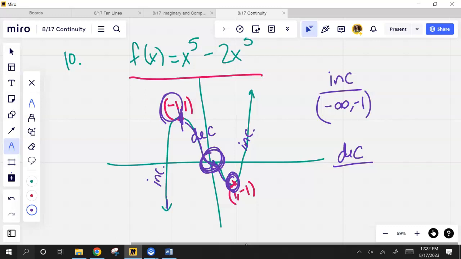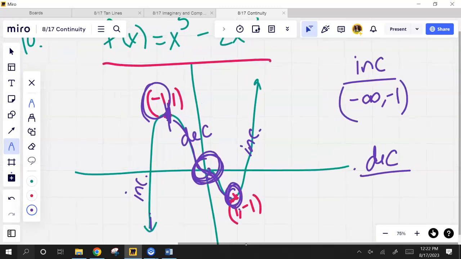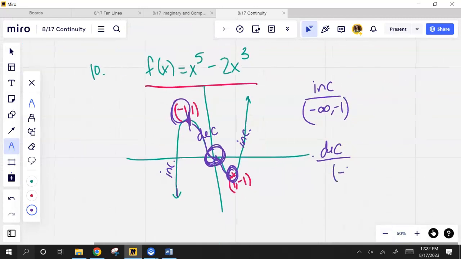We're talking about increasing and decreasing intervals. From -1 to 1, it's decreasing. And from 1 to infinity, what's it doing? Increasing again. So I'm going to join that with that interval.